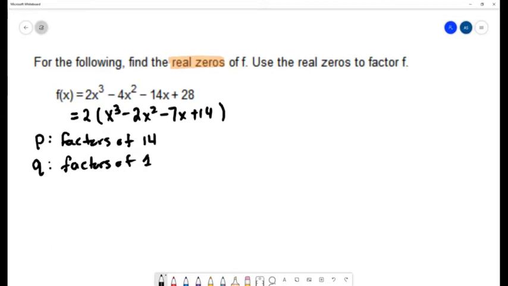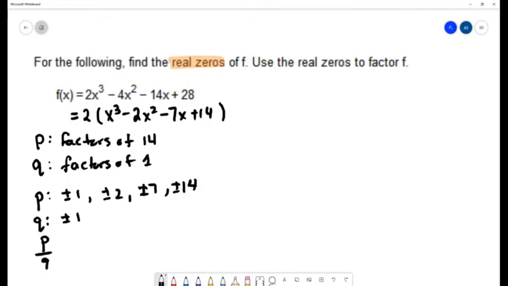So the factors of p are plus and minus 1, plus and minus 2, plus and minus 7, and plus and minus 14. And for q, the only factors are plus and minus 1. So then we're going to do p over q. And so we have 1 over 1, 2 over 1, 7 over 1, and 14 over 1.